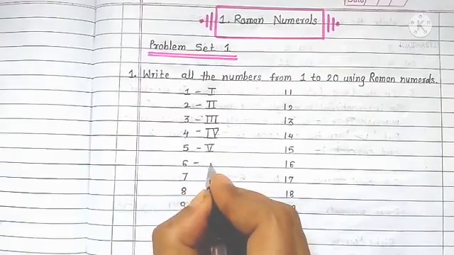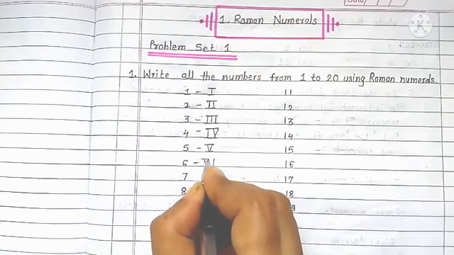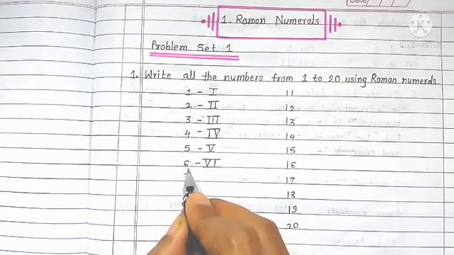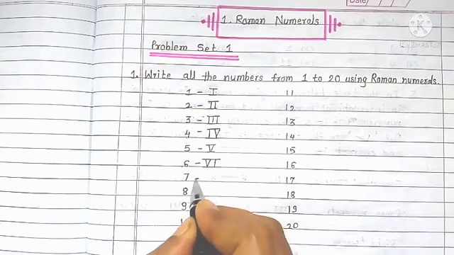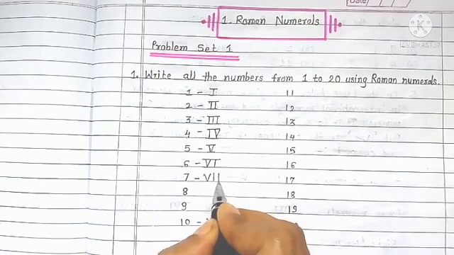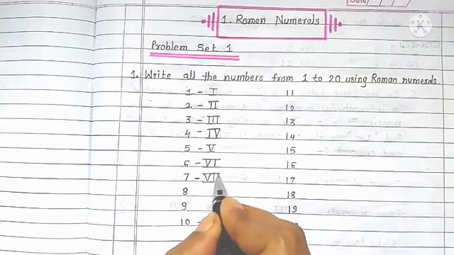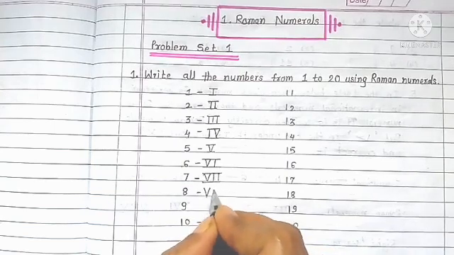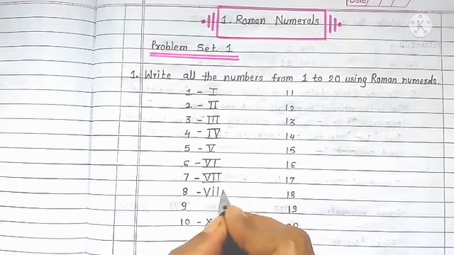Then for 6, VI. V means 5 plus 1, you get 6. 7 is V and II. For 8, V means 5, then 6, 7, 8.